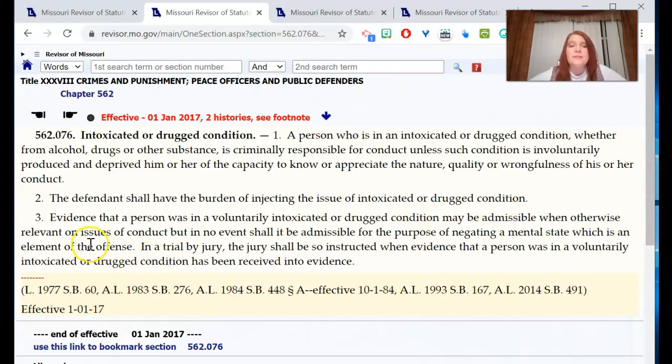And then finally, evidence that a person was in a voluntarily intoxicated or drugged condition may be admissible when otherwise relevant on issues of conduct, but in no event shall it be admissible for the purposes of negating a mental state.